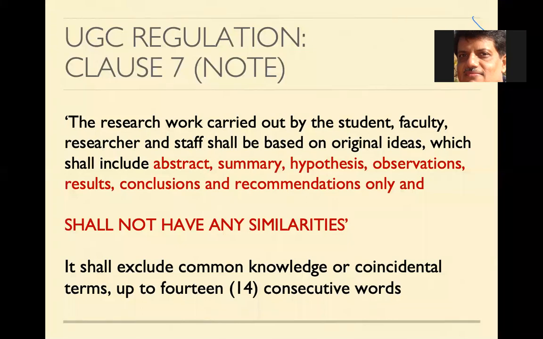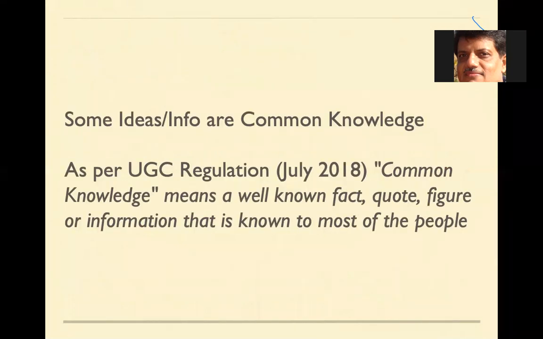This is important for all the faculty to understand and note, because when you are evaluating students' thesis and the plagiarism report, you have to be very careful what is excluded and what is not excluded. I will be telling you about this in the next few minutes, a little more on this.